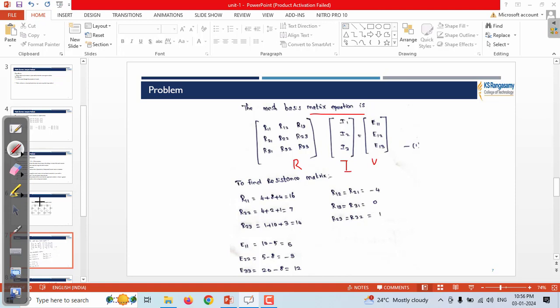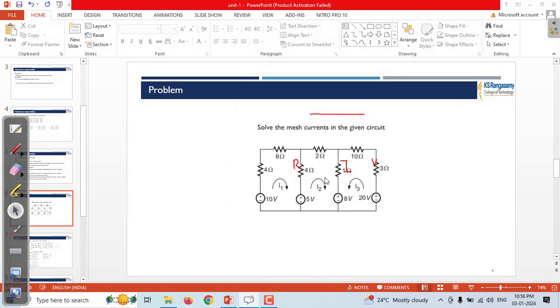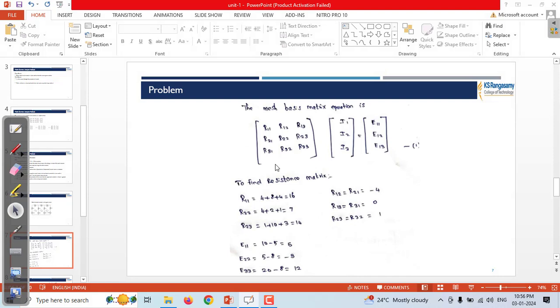In this diagram we have three loops, so we have to use a 3 by 3 matrix: R11, R12, R13, R21, R22, R23, R31, R32, and R33.